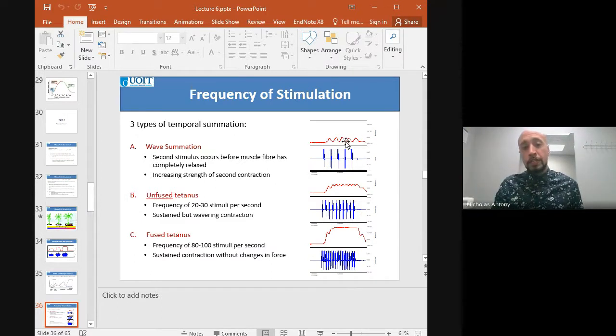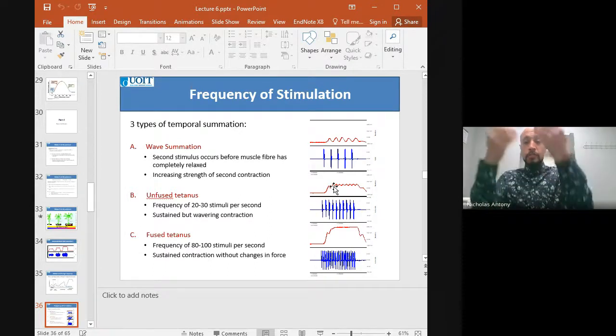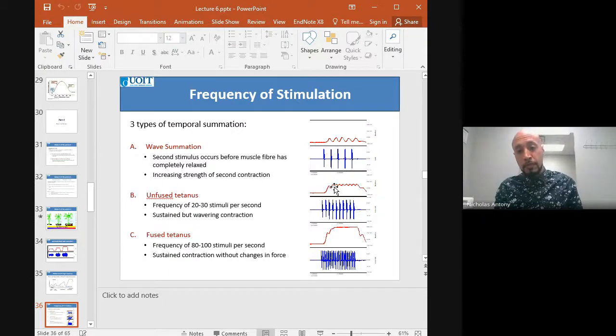There's no real summation. If you have the firing frequency of the lower motor neuron at about 20 to 30 stimuli per second, the force in the muscle starts to add up, so we get temporal summation. It's not fully fused, but we do get a tetanus, meaning a sustained contraction.